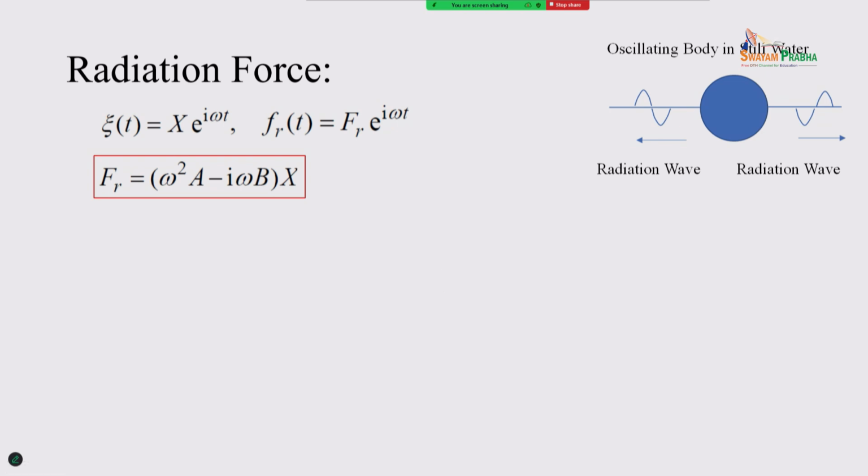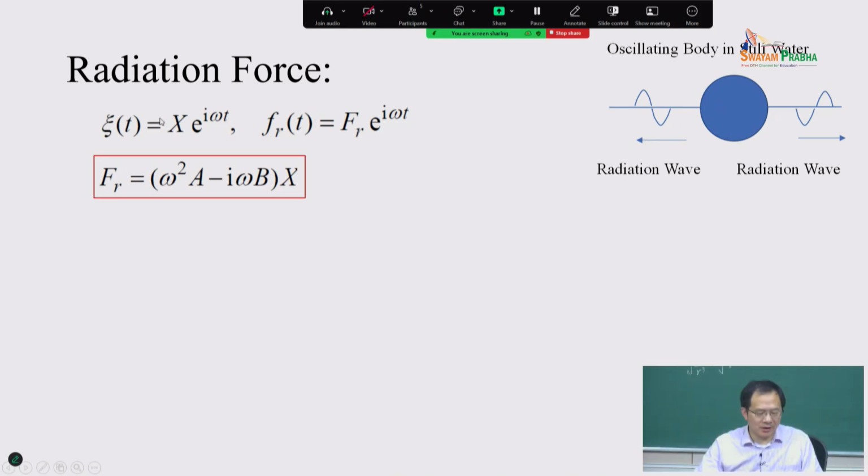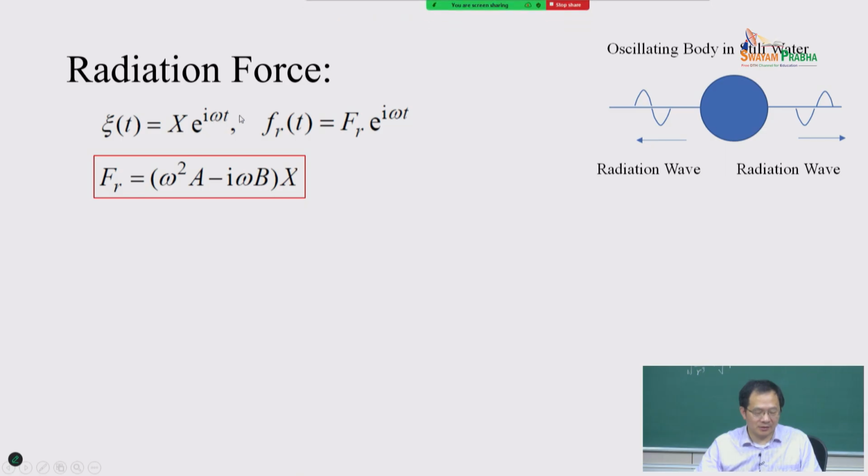Here you assume this buoy or shape moves at amplitude x, times e^{jωt}, which is a complex number, a unit number: cosine ωt plus i sine ωt.